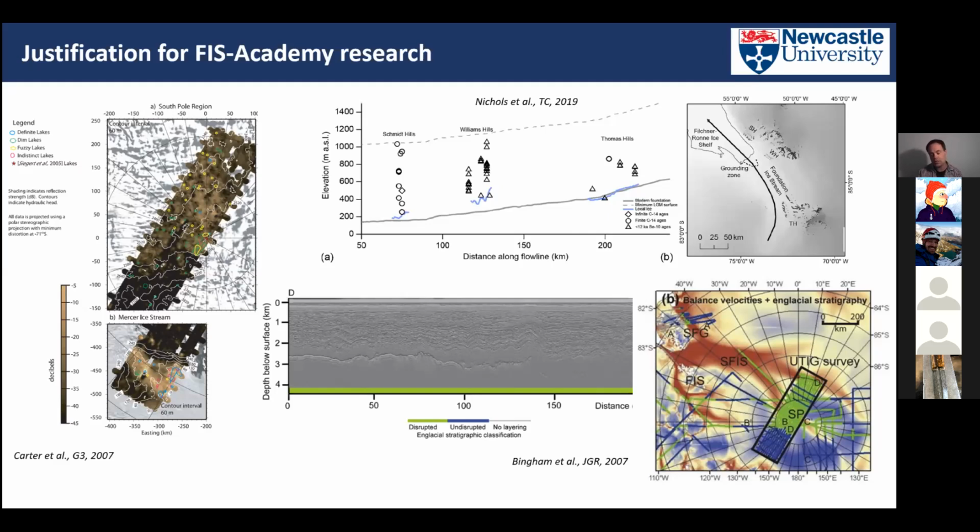The other thing that suggests glaciological change since the last glacial maximum is the evidence from Rob Bingham's paper in the Journal of Geophysical Research in 2007, which used the old 1970 SPRI data and some of the data from the University of Texas, looking at disruption of englacial layers in the upper catchment of Support Force Ice Stream and Academy Glacier to infer enhanced flow right up below and beyond the South Pole in recent times.